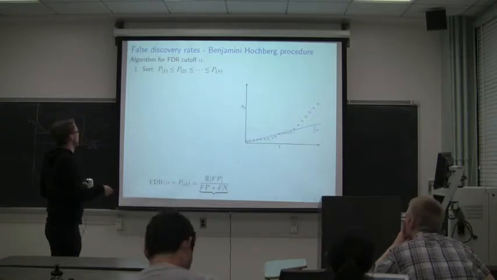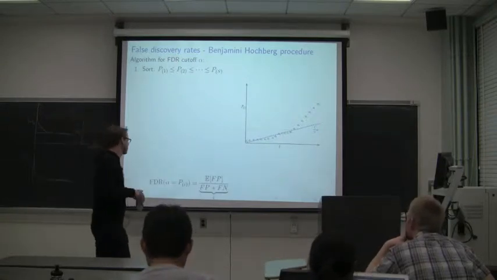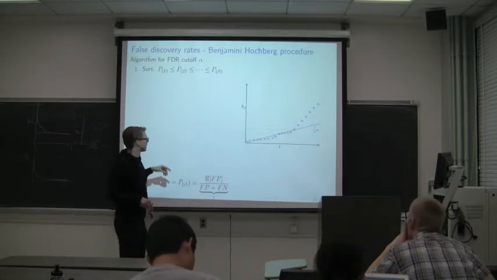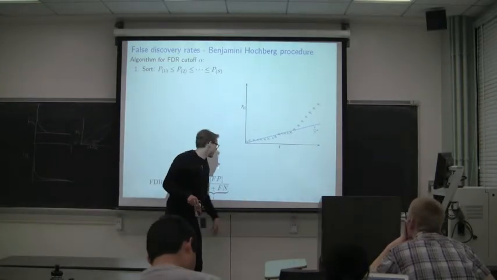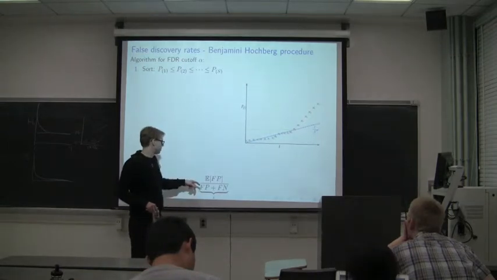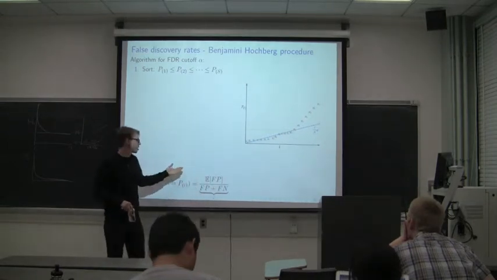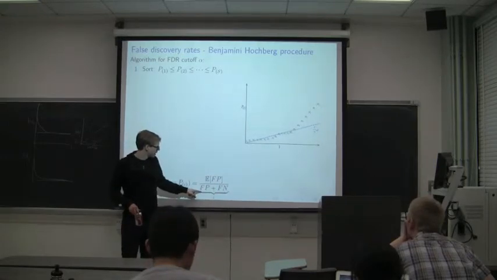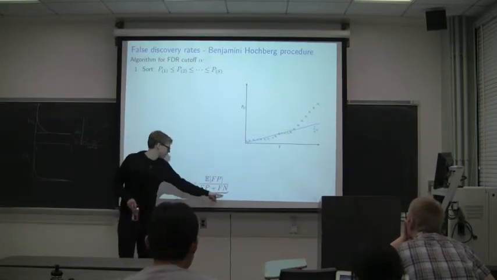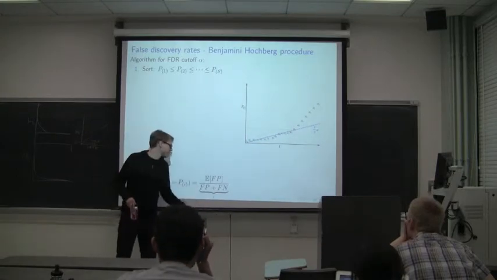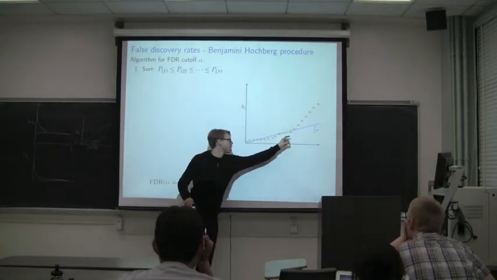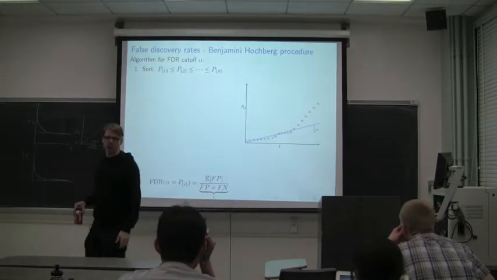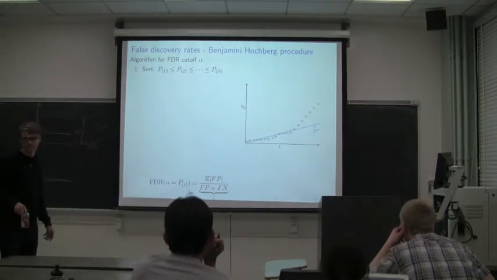And an estimate of the false discovery rate at a given I, so at a given rank, is basically the expectation of the false positives over the number of false positives plus true positives if we chose the p-value of the ith statistic as a cutoff.